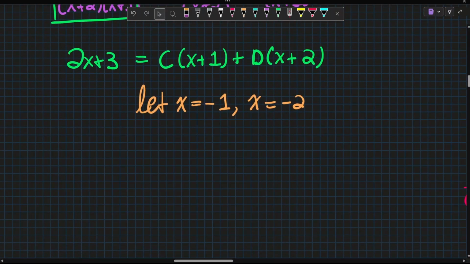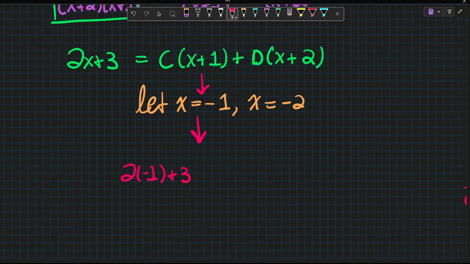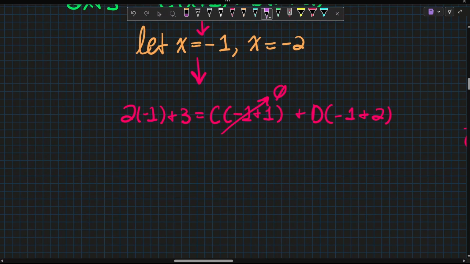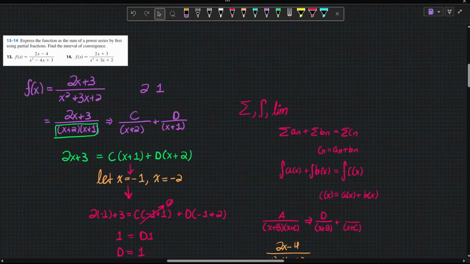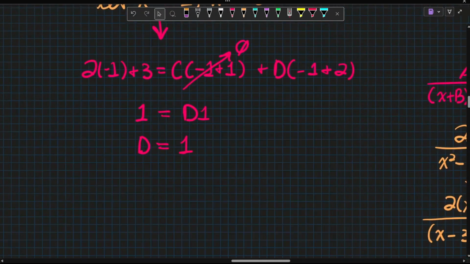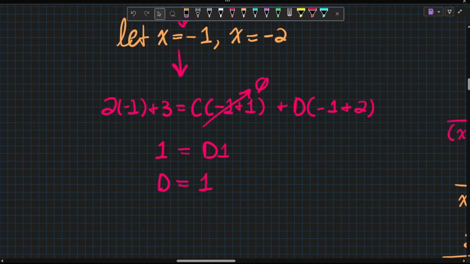So if it's equal to -1, then we'll have that 2 times -1 plus 3 is equal to c times -1 plus 1, which goes to 0, plus d times -1 plus 2. Now here we get that 1 is equal to, okay, d is equal to 1. That makes no sense. It's too nice. Okay, we'll try and test that out.